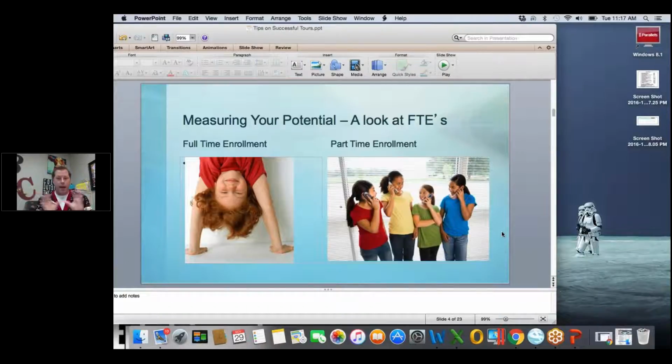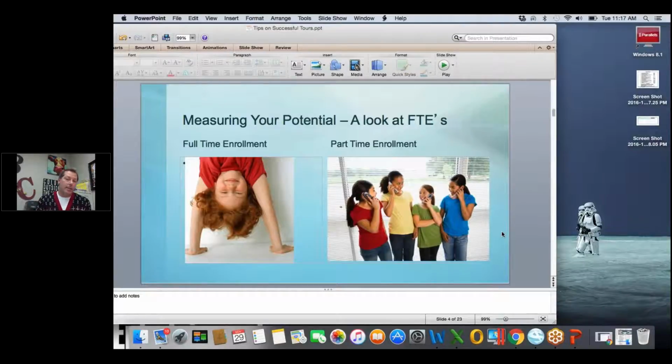Using competitive shops, you should still do them because you want to compare yourself to everyone out there, but do not solely make your tuition decisions on what other people are charging. That might be one of the reasons why they're not successful, okay? But it can also go the other direction.